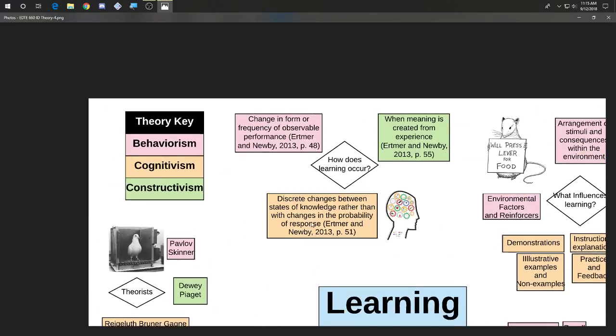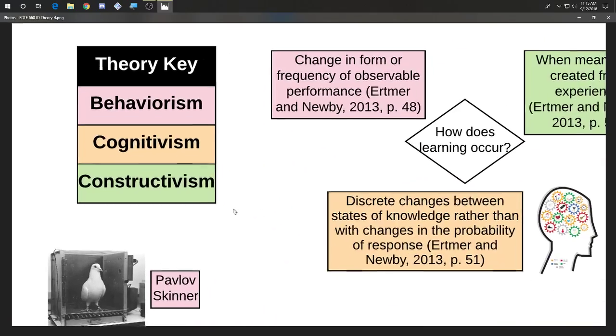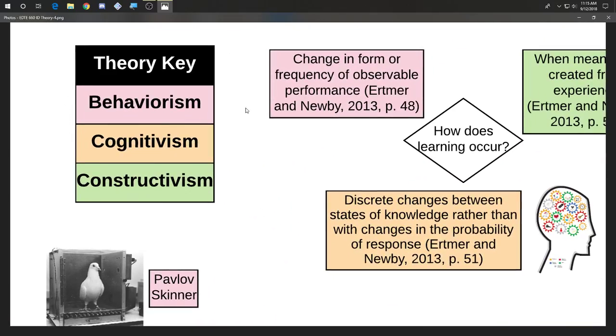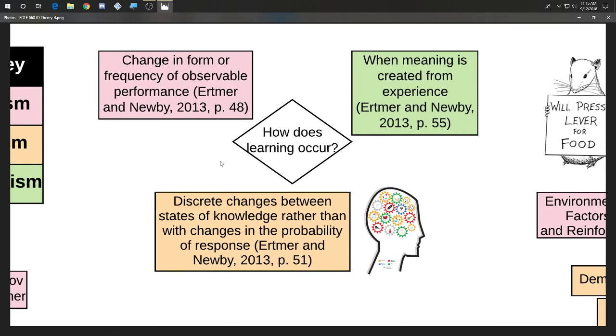The first thing that I want you to take note of is that I've color-coded each of my theories. Behaviorism is going to be marked in red, cognitivism in yellow, and constructivism in green.